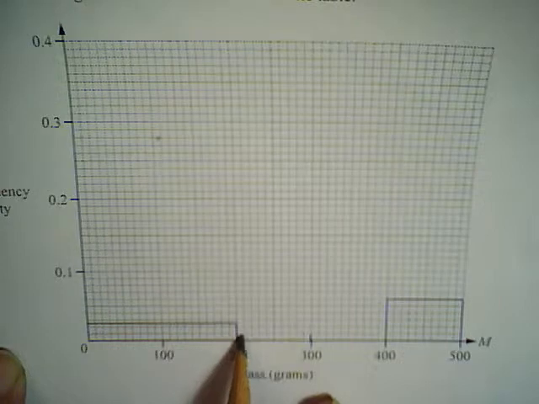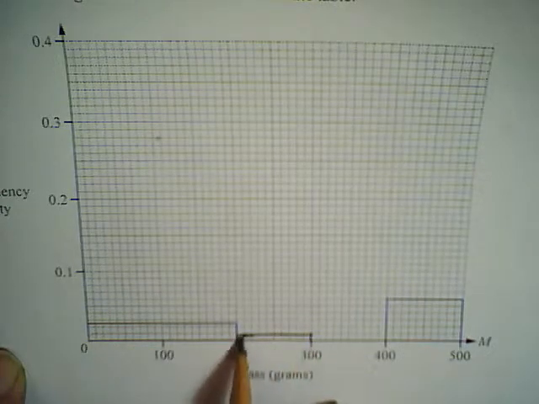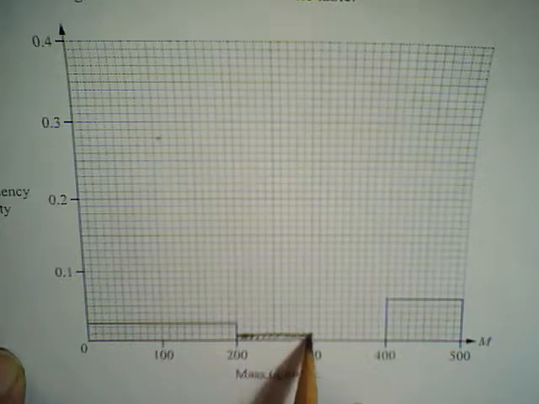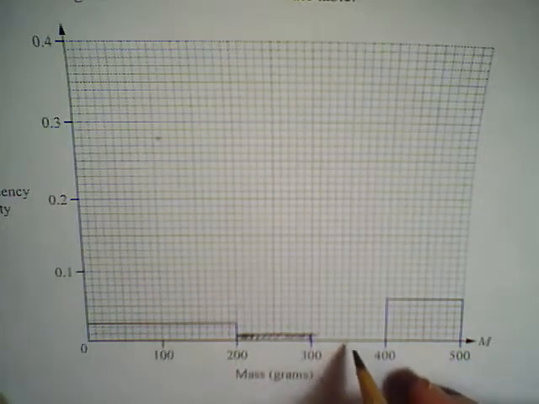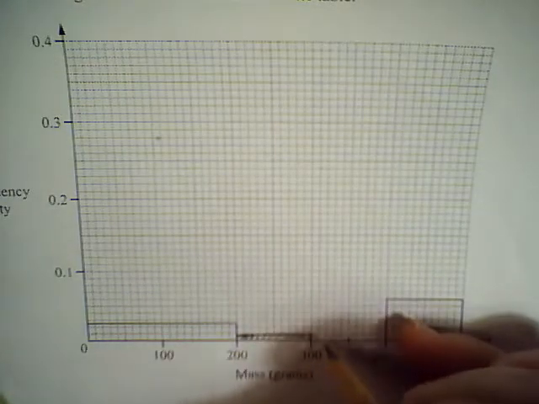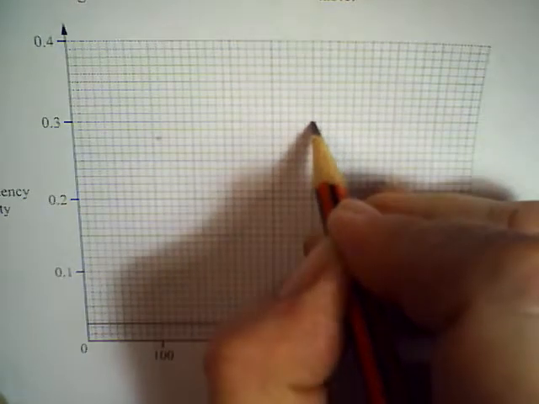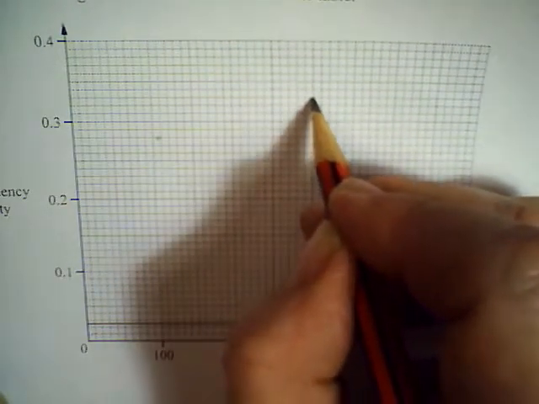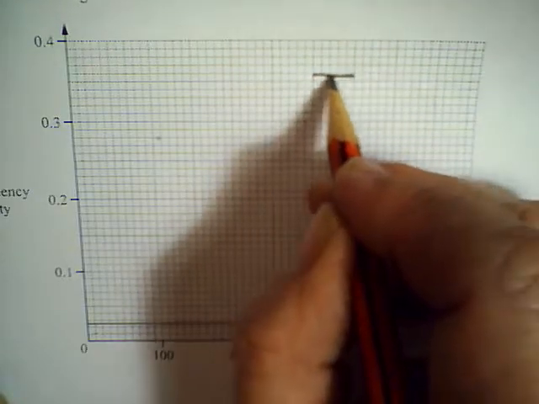So it would be just under that line there. Just there. That little sliver there. Okay. And then 0.36 for the next 50. So 1, 2, 3, 4, 5, 6. So there.